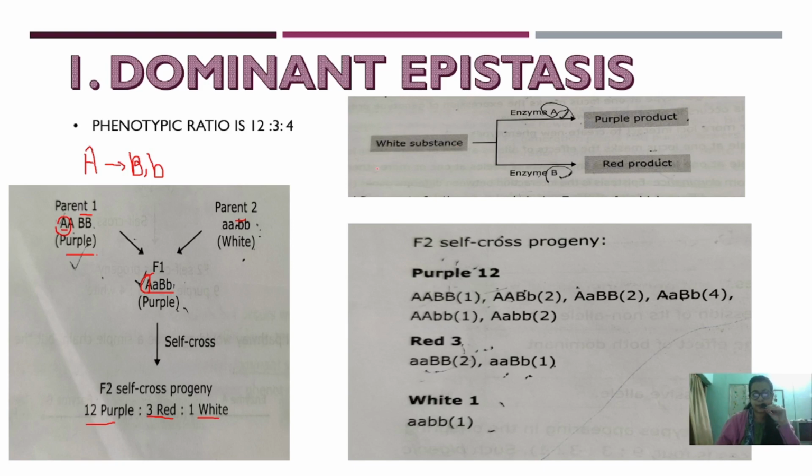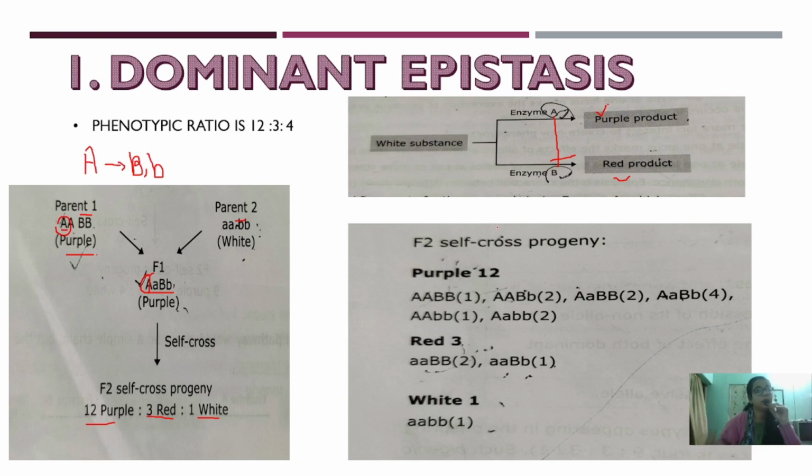Suppose this is a white substance, and here the enzyme A is responsible for the purple product, and enzyme B, that is the B allele, is responsible for the red product. But what happens due to dominant epistasis is that the A allele will suppress the B allele from getting expressed. As a result, wherever capital A is found, only purple color will be produced and the red product cannot be found.